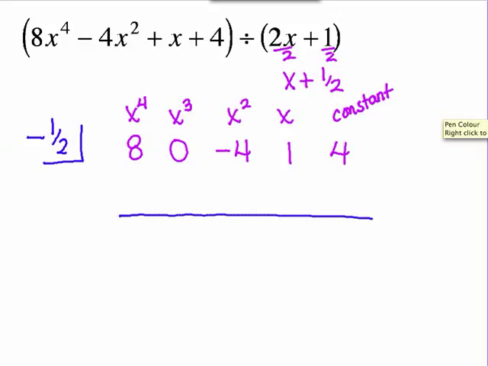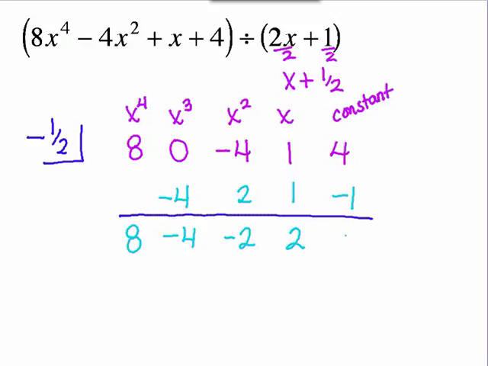So we bring down the 8. What's negative 1/2 times 8? Negative 4. Good. What do I get when I add down? Negative 4. So I have negative 4 times negative 1/2, which is 2. Add down, you get negative 2. Negative 2 times negative 1/2 is 1. Add down, you get 2. 2 times negative 1/2 is negative 1.